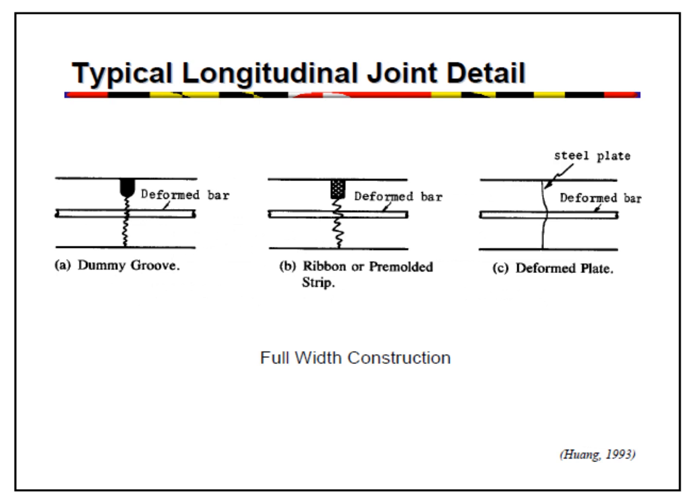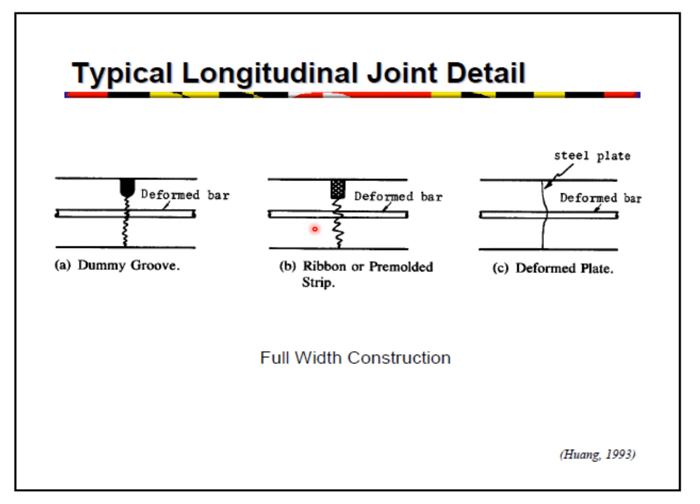Now, on this particular slide, you can see the typical longitudinal joint. Keep this in mind: tie bars are used in longitudinal joints, whereas dowel bars are provided in the transverse joint. Now, look at the longitudinal joint: dummy groove, ribbon or pre-mold strip, deformed plate. Here we are having the joint, a deformed bar has been placed, and at the top we are having the sealant.